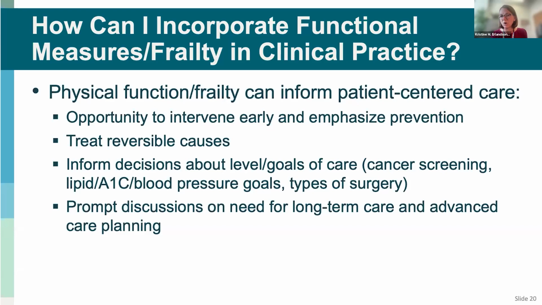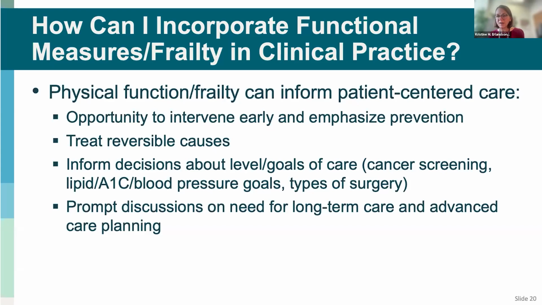So how can we intervene early? We can also look at reversible causes. Are there medications that might be contributing to this? It could also help inform decisions about how aggressive we are with care. If we have someone with a gait speed of 0.5 meters per second who maybe only has a couple of years of life left, we don't need to be quite as aggressive with treating their hemoglobin A1C and blood pressure.